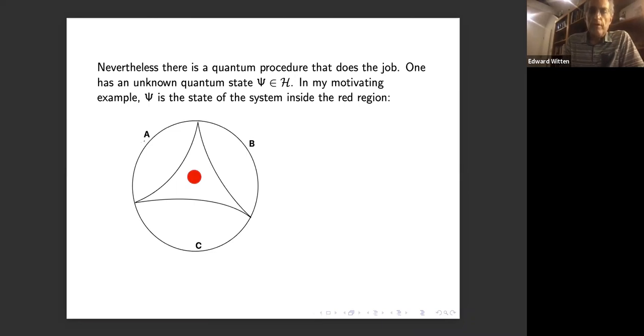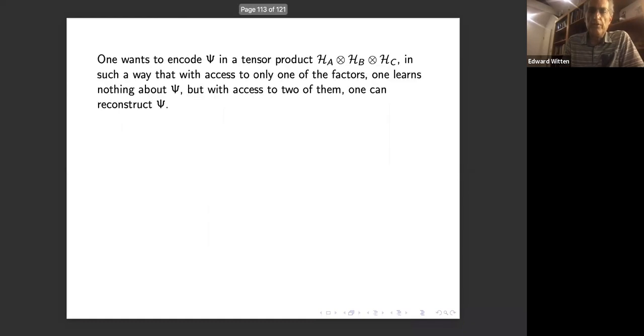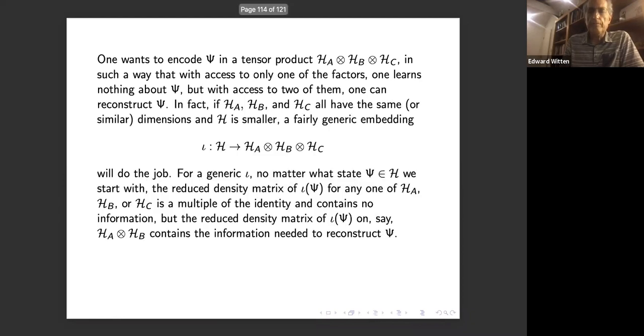So, okay, but how do people who want to build a quantum computer imagine doing something like this? So they encode psi in a tensor product, H_A tensor H_B tensor H_C, of three Hilbert spaces in such a way that with access to only one of them, you learn nothing about psi, but with access to two of them, you can reconstruct psi.